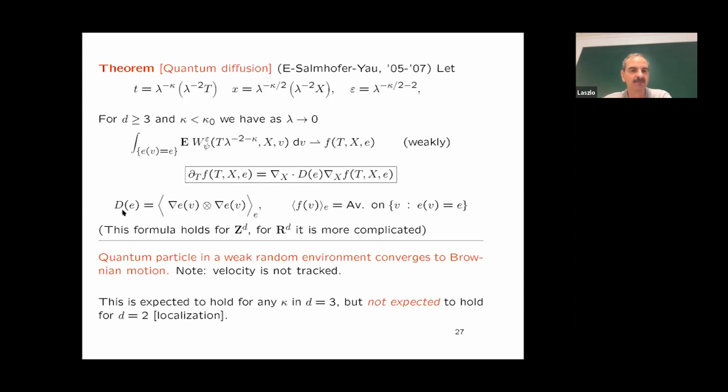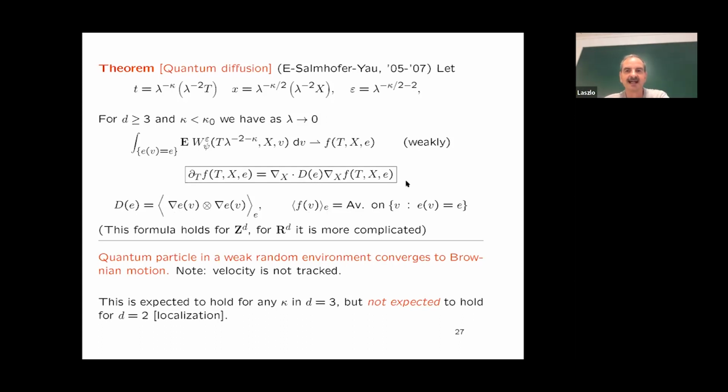And this can be computed by a formula like that, which involves the dispersion relation. It's actually the gradient of the dispersion relation, taking the average of that on the energy shell. So this is the final result, the quantum diffusion.